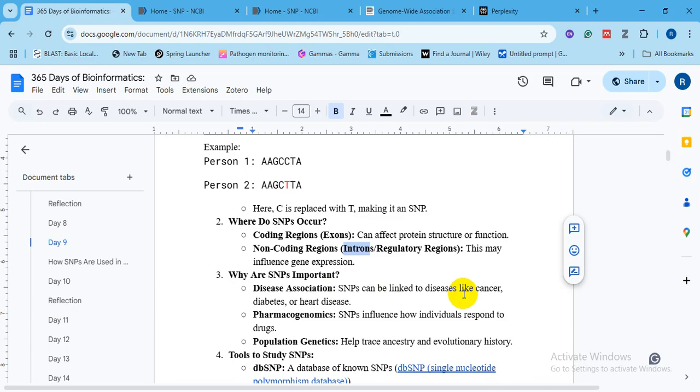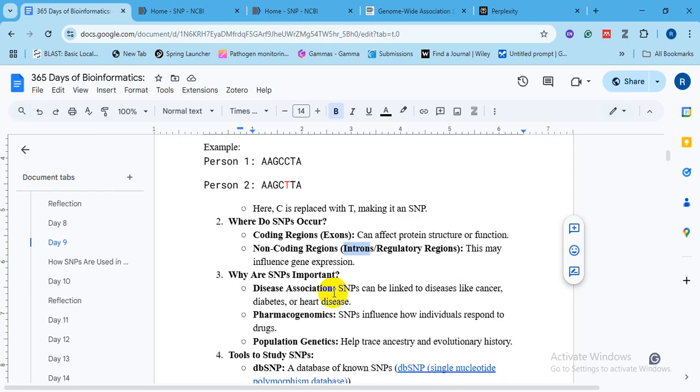So this can help us expect that this person, if they have this SNP in this specific site, will in the future be predisposed to this type of cancer. Okay.